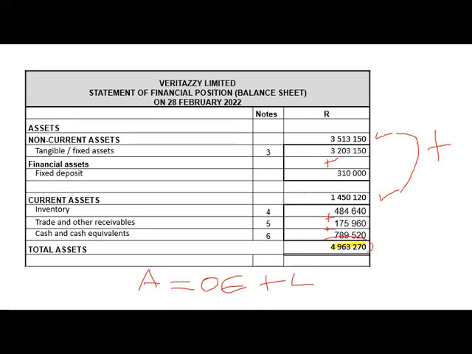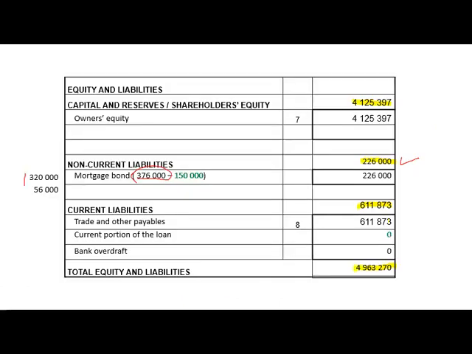So this is our total assets, which is current assets plus non-current assets, being equal to owner's equity plus liabilities. And once it balances, you know that everything is correct.